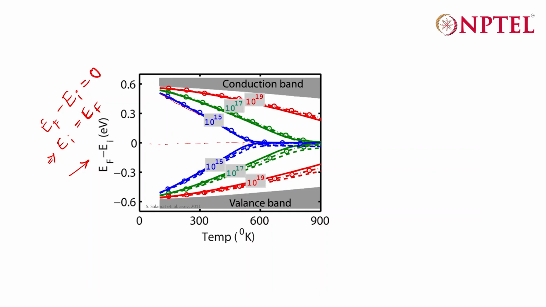For a p-type semiconductor, it will go up from a lower energy level to a higher energy level and come closer to the intrinsic energy level, right? And the higher the doping, the higher the temperature required to bring it back near the intrinsic energy level, which is understandable. If there is more doping, you need more temperature, right?